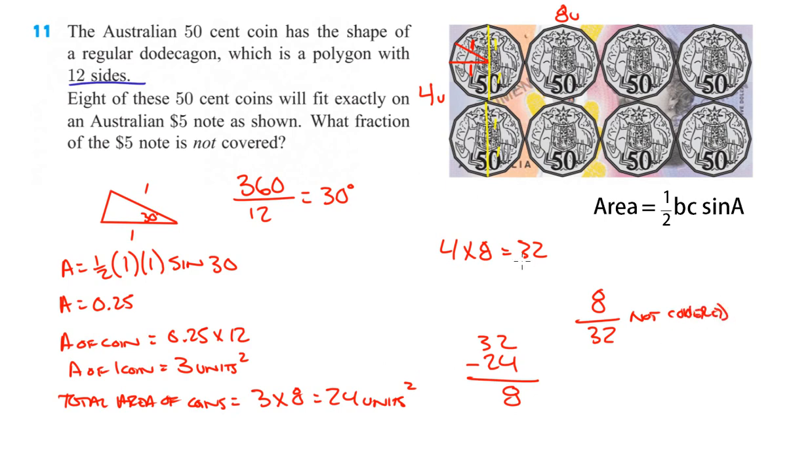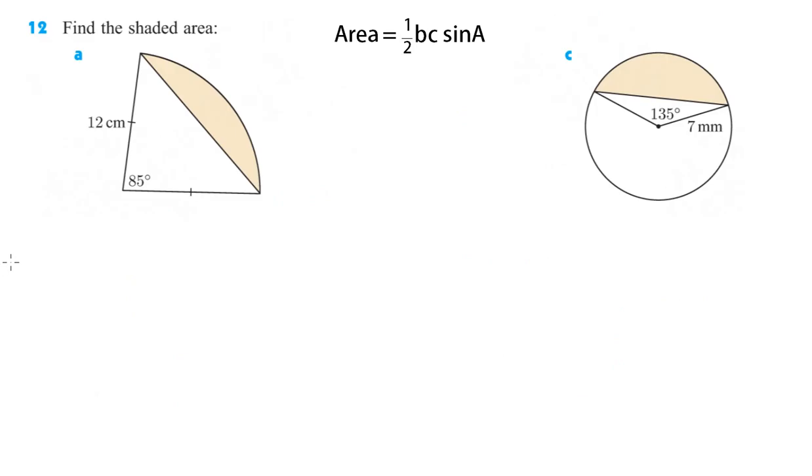And then 8 over 32 reduces down to 1/4 of the bill is not covered. Now, I realize that's kind of a tricky one. You have to do a fair amount of math to figure that all out, but figuring out something like that kind of feels good to solve a trickier problem like that.